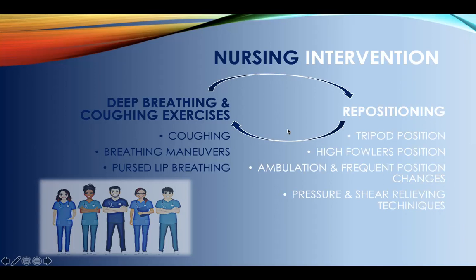Tripod position involves relaxing arms and shoulders on the overbed table with hands together in a triangular shaped base, moving slightly forwards to maximize diaphragmatic exertion, and resting feet on the floor or a footstool to support the body. And lastly, to reduce the risk of developing pressure ulcers on the sacrum and buttocks when positional dyspnea is predominant, use pressure relieving and shear relieving techniques.